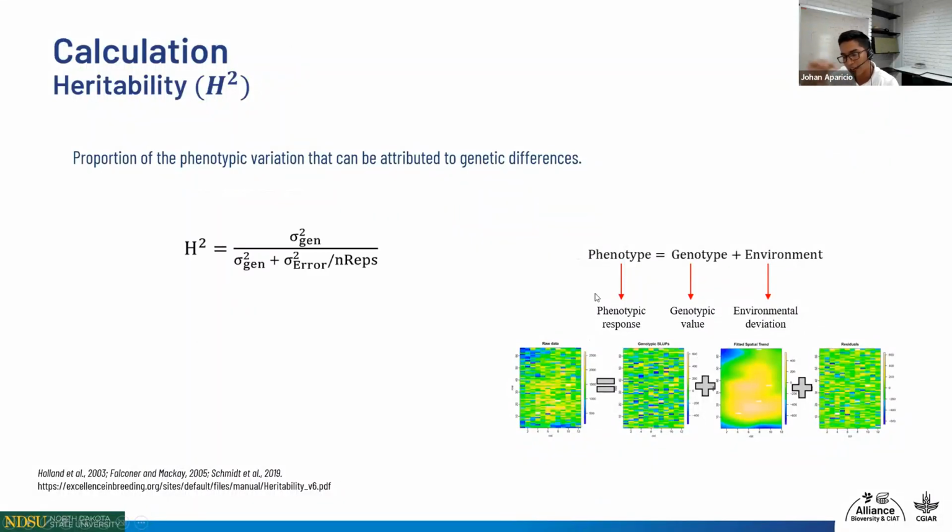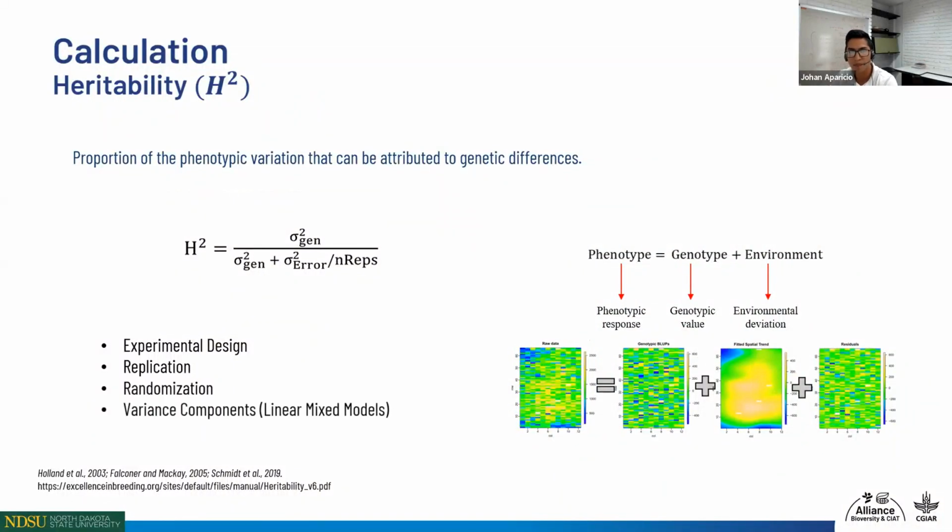About the calculation: as I said, this is the proportion of phenotypic variation that can be attributed to genetic differences. If I were to calculate this, what do I need? As Didier mentioned, we need experimental design, replication, the key concept of experimental designs.